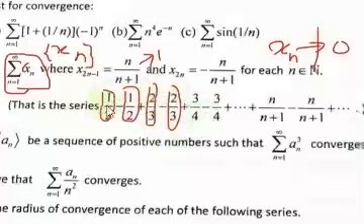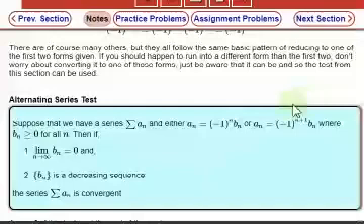Otherwise, this alternating series is not convergent. If these quantities are reducing to 0, and this sequence, let me get that definition, right? Alright, look at this one, alternating series test.